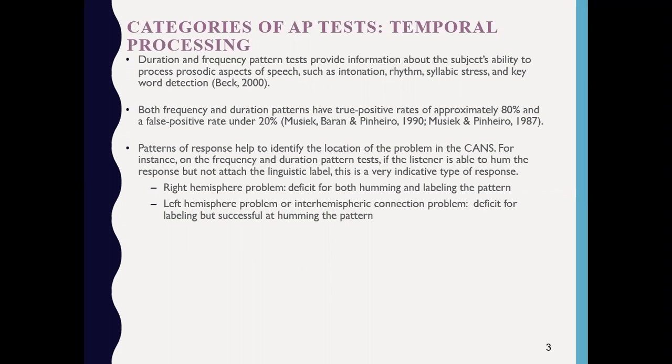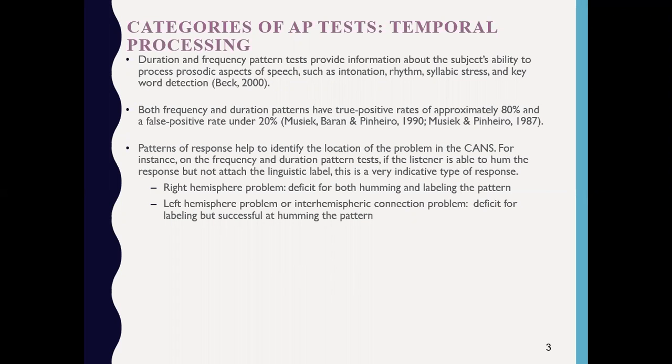So if we look at the two different types of temporal processing, temporal ordering or patterning includes duration pattern and pitch pattern, which is also called frequency pattern. And these are very valid tests, have been around a long time, very well established. The norms for these two tests differ in age.